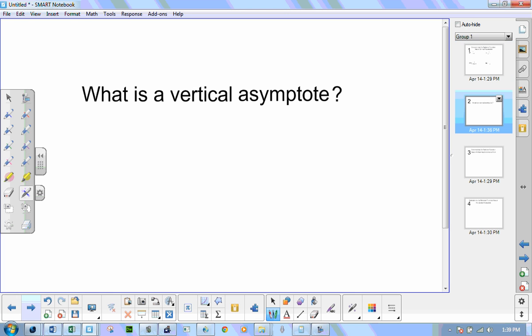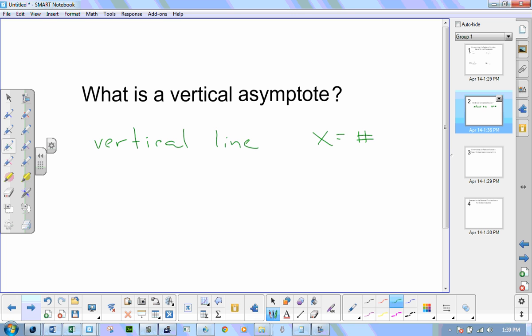So what is in fact a vertical asymptote? Well, in short, a vertical asymptote is a vertical line. It's a vertical line that has special properties. If it's a vertical line, it has the equation x equals some number, where this number is the place of intersection on the x-axis.